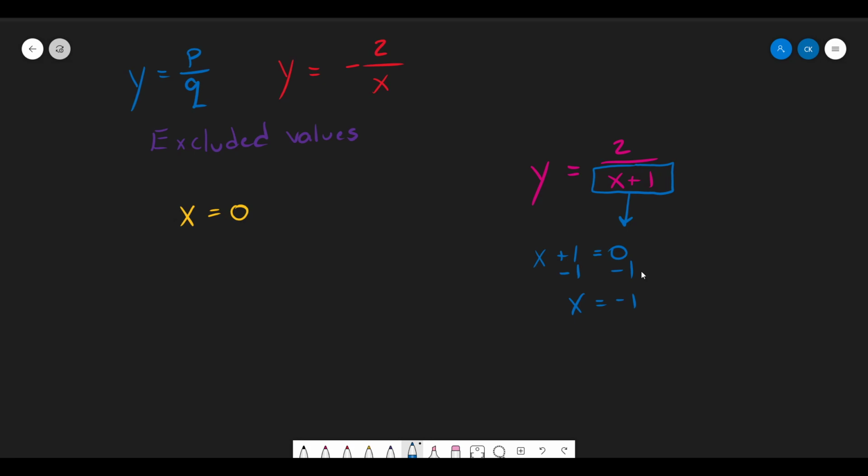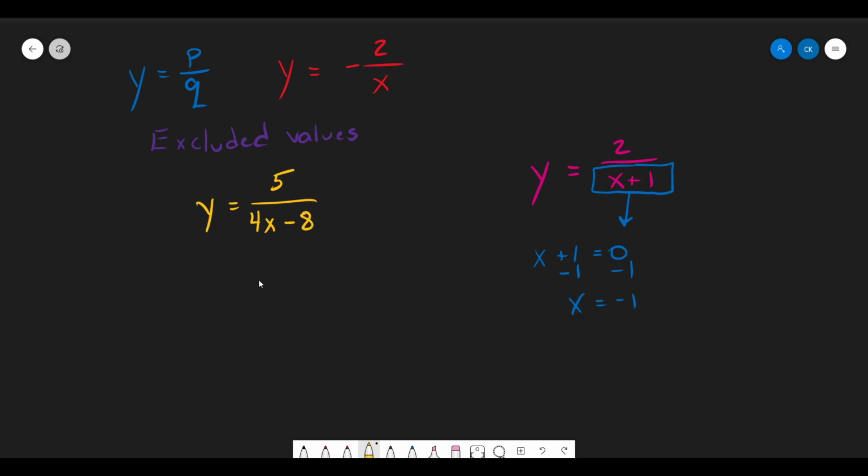So that's really all you have to do to find your excluded value. Take the denominator, the entire thing, set it equal to 0, and then solve, and that'll give you the excluded value. Let's just do one more real quick. Let's say we had the function, and I'll get rid of this over here. Let's say we had the function y equals 5 over 4x minus 8.